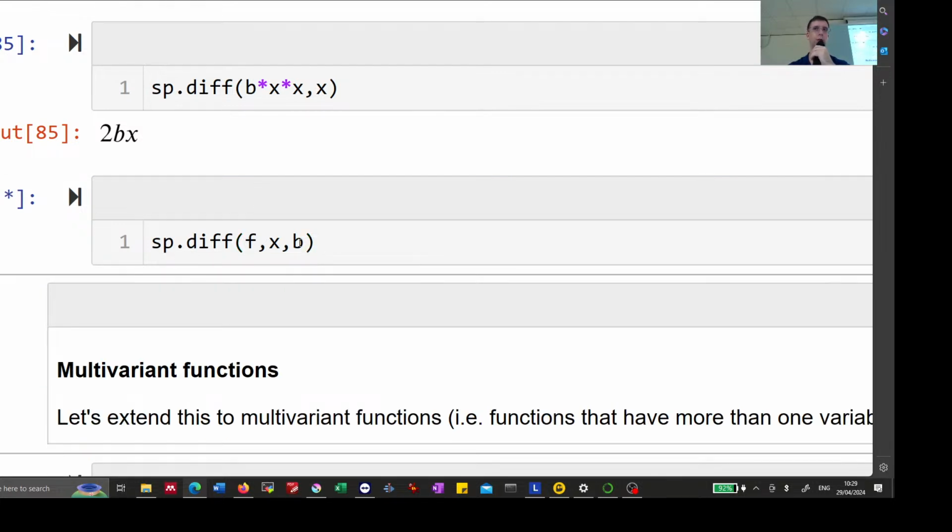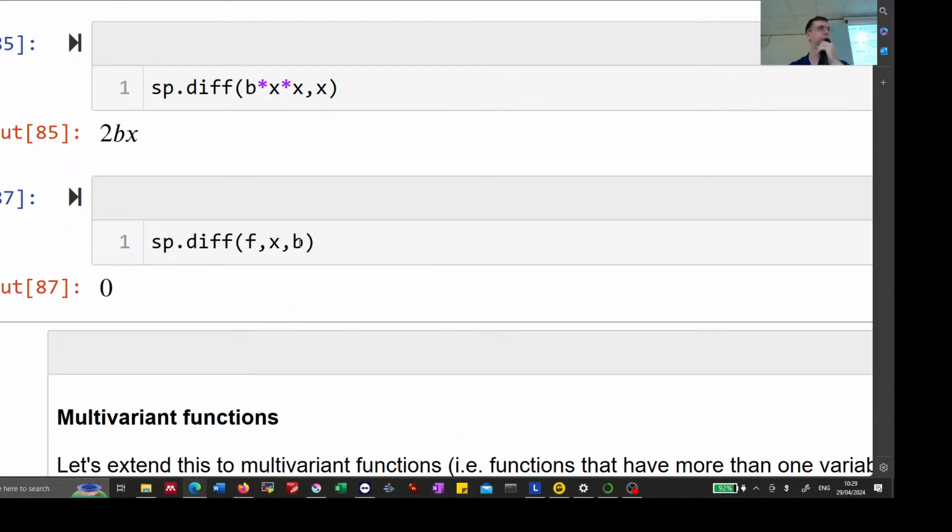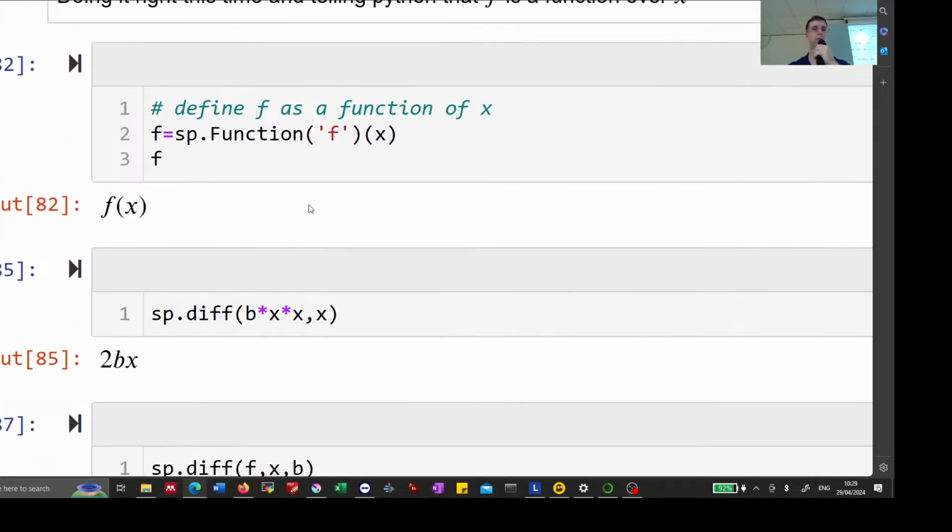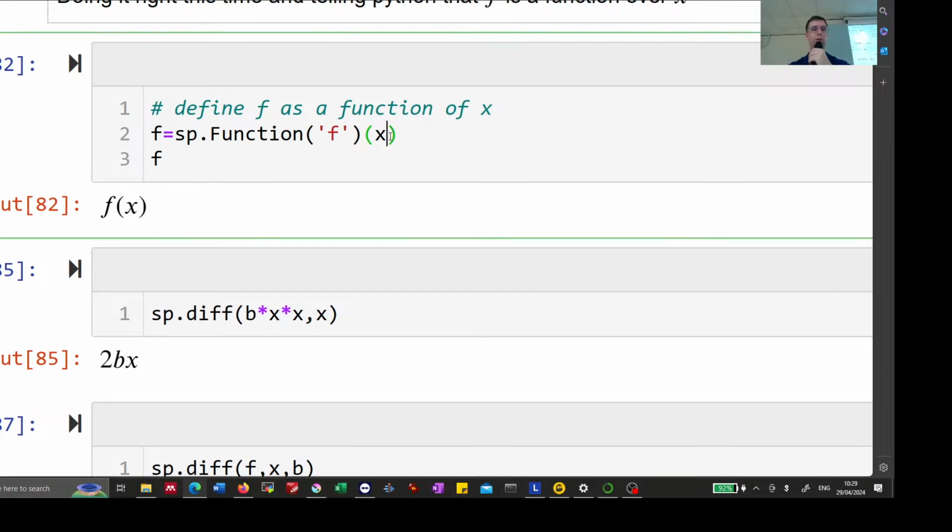So this should be 0. Python is clever enough. So what we could do, we go above here in the function definition, and now we say f is a function of x and b. And you see I changed the function definition. I have f, and f depends on x and b.